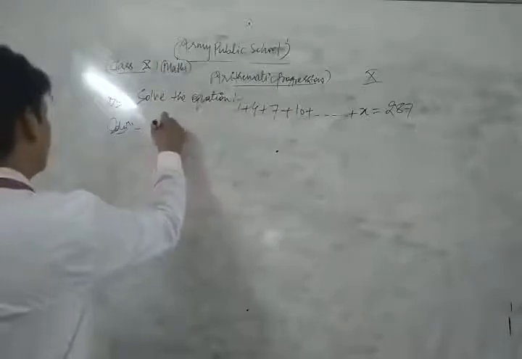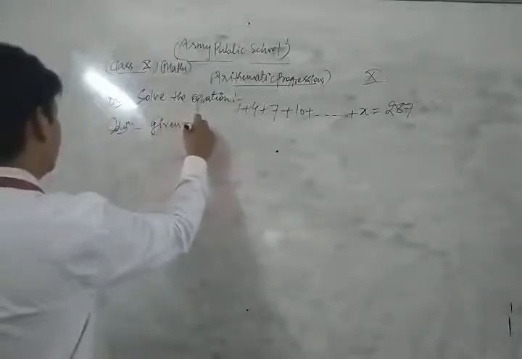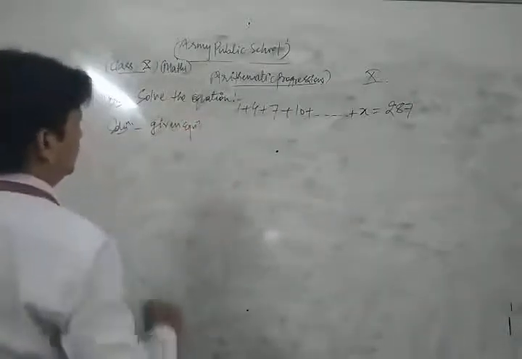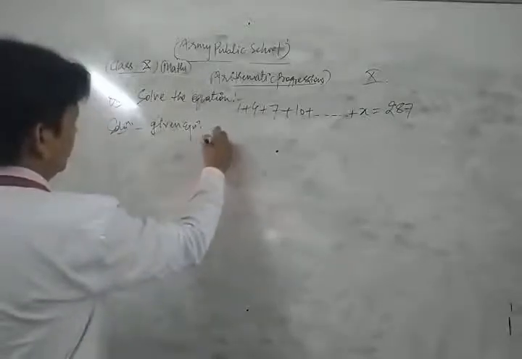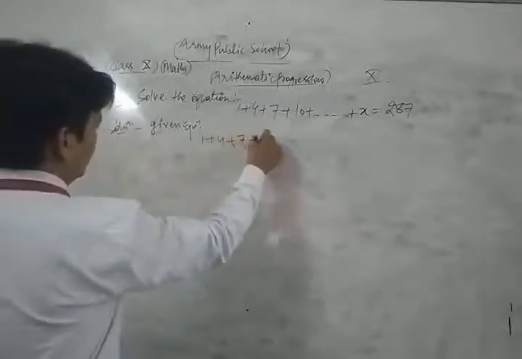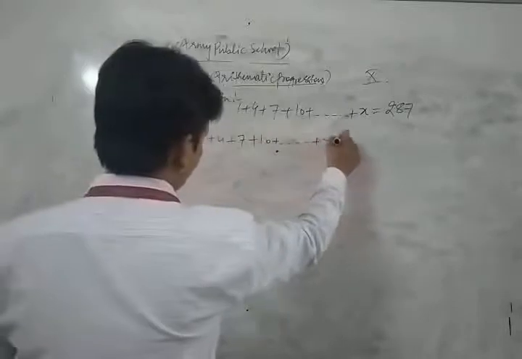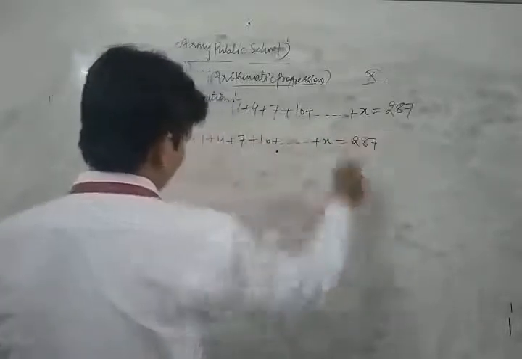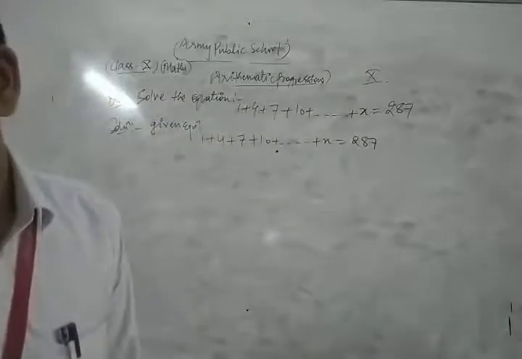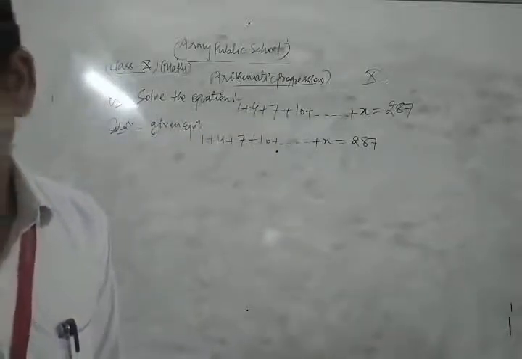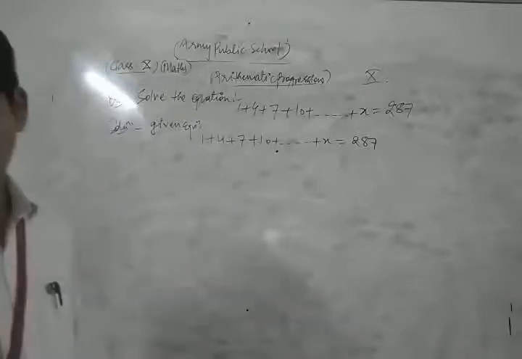Now let's see. So first of all, we write the given equation: 1 plus 4 plus 7 plus 10 plus and so on plus x is equal to 287. First of all, we find the value of x.